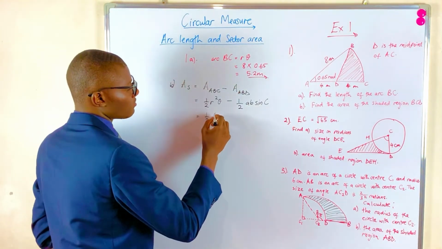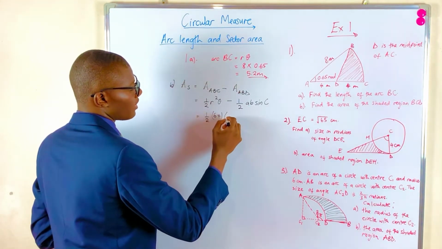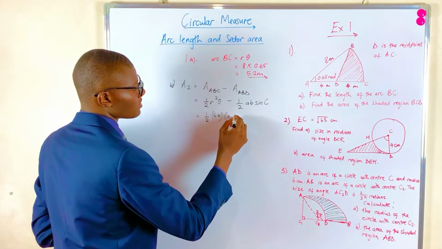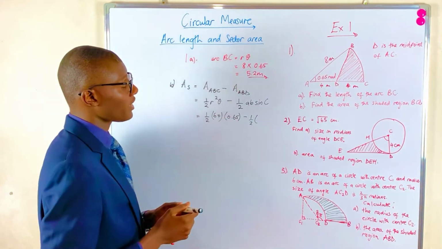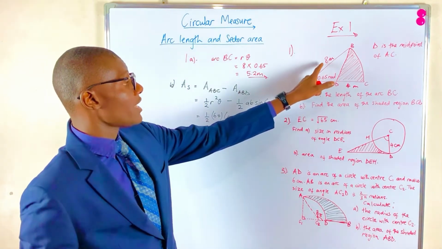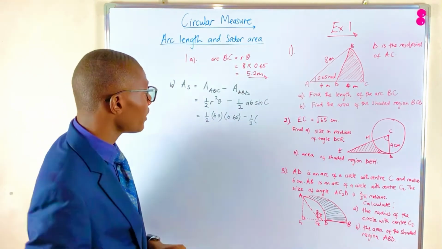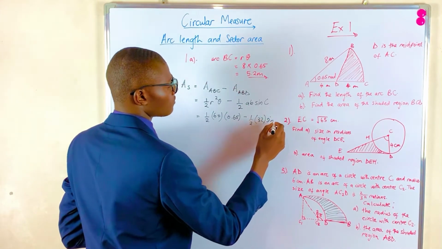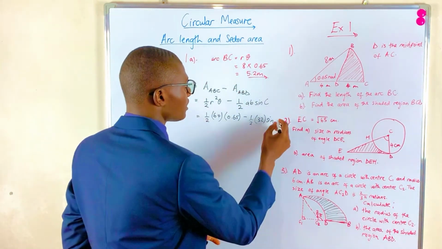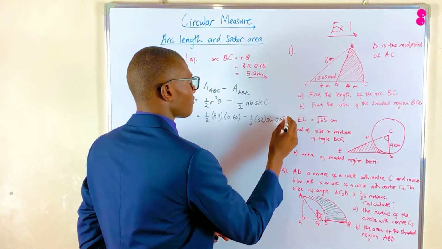So 8 squared will be 64. Then multiply by theta, that's 0.65. Minus 1 over 2 ab. So our a is 8, then our b is 4. 8 times 4, we get 32. Sine of C, C being the included angle, 0.65 radians.